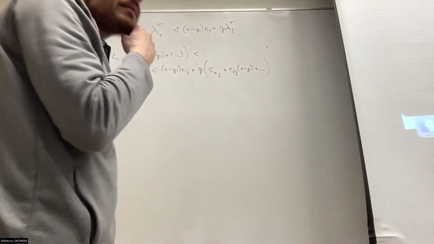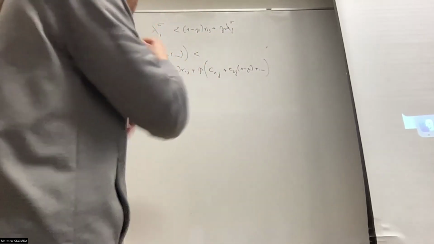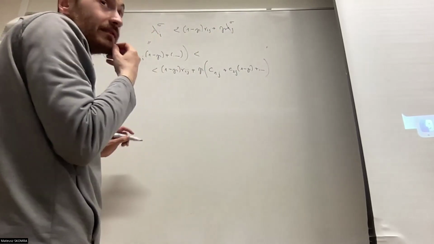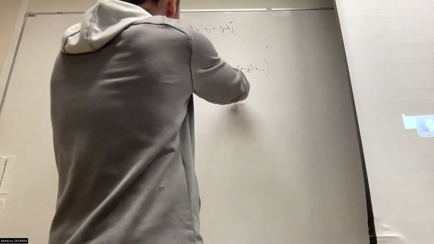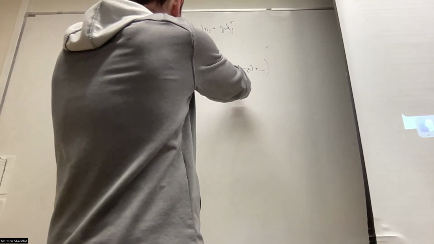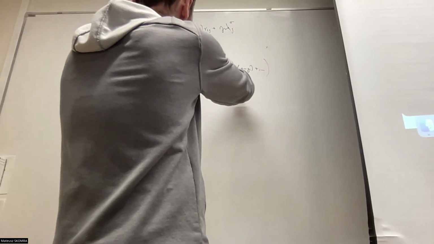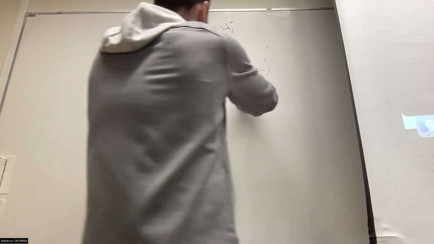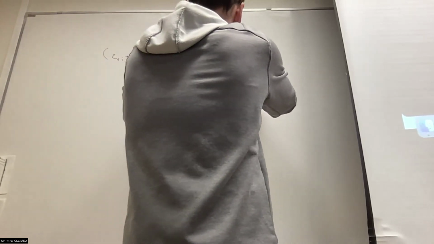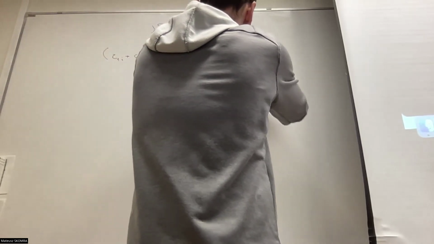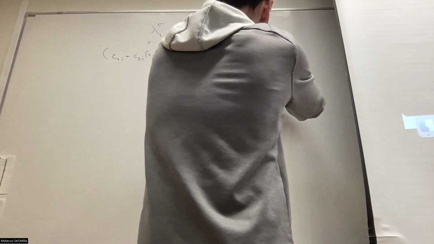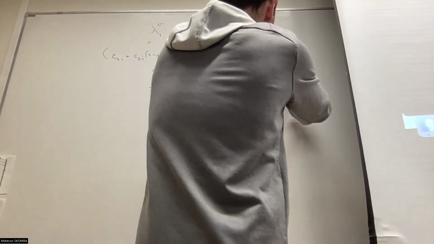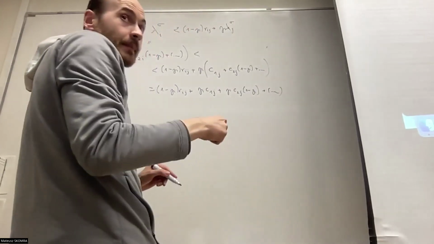Now you have to put this together, so you have to develop this thing. You say that this is (1 minus gamma)Lij plus, and now you have gamma C1J plus gamma C2J(1 minus gamma) plus some higher order terms.